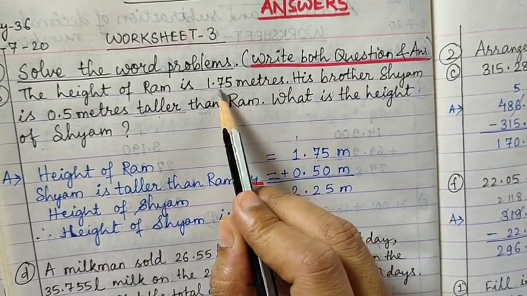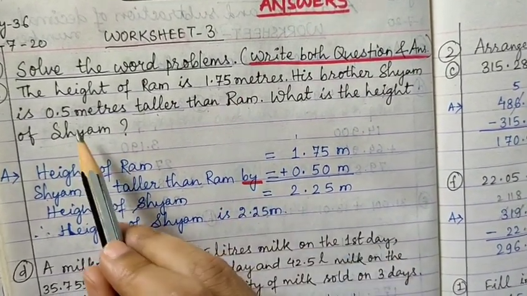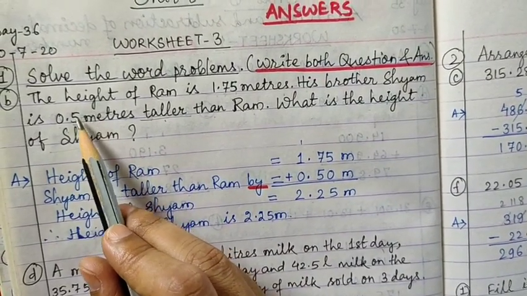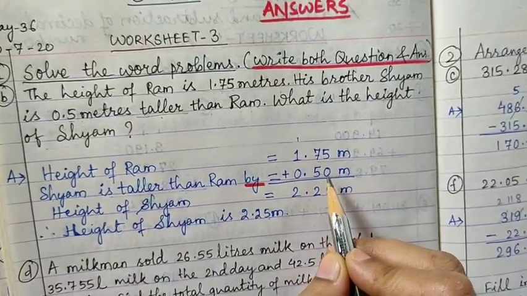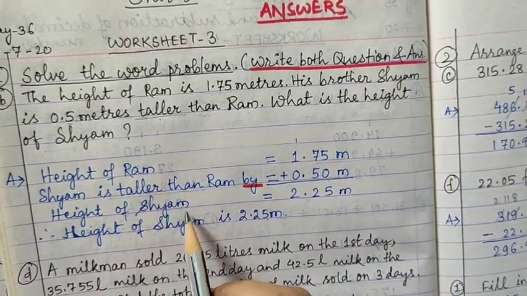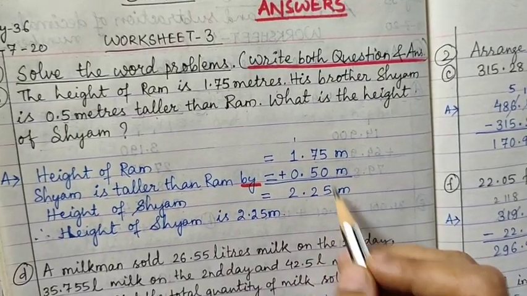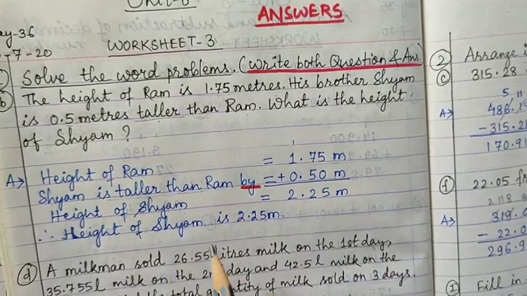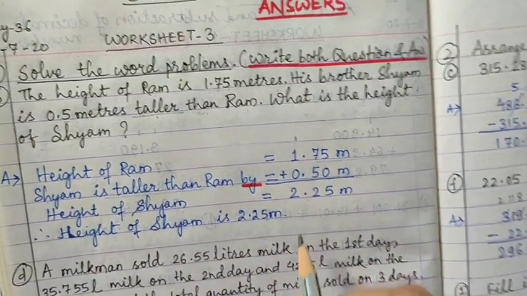As the maximum decimal places are 2, here decimal place is 1, so you have to put one more 0 on the right hand side to make it 2. Then the third one is height of Sham is equals to, then you have to add 5, then 12, carry 1, 1 plus 1 2, so the height of Sham is 2.25 meter.